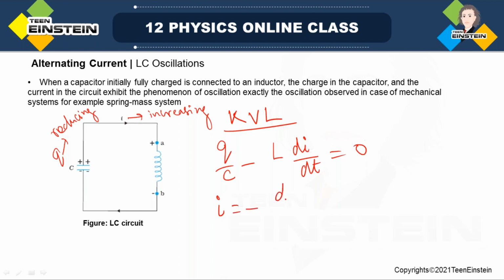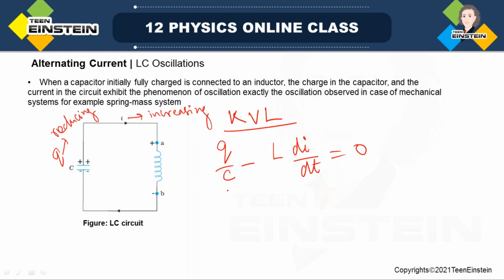I can write I is equal to minus dq dt. This I can write because current will be increasing if the charge decreases in the capacitor. So if I write this equation in terms of q, we can find out a solution, or maybe we can set up a proper equation which can be very much equivalent to the equation for simple harmonic motion in a mechanical system.